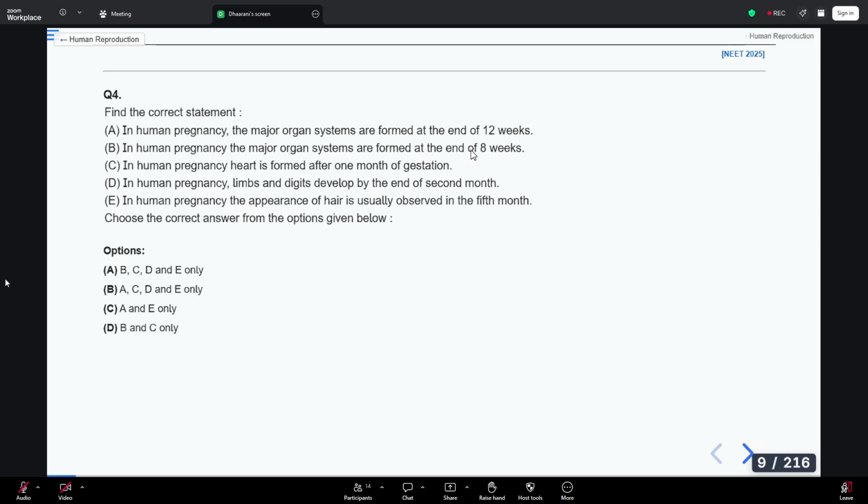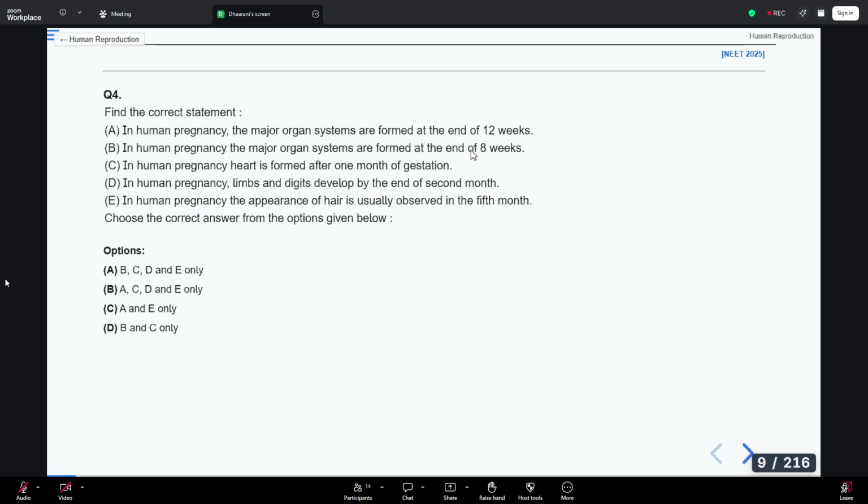Okay. What is the answer? So you have to select the correct statement. Just now we discussed, so you can answer easily. So what are the correct statements given here? What is your answer? Option B. What is option B here?